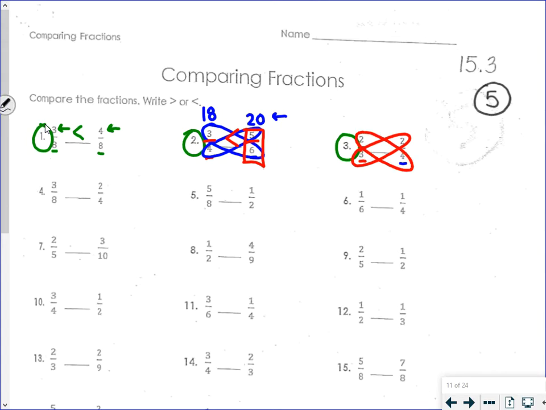So 3 times 2. That gives us 6. So I'm going to write that above the 2 because that's the numerator we used, okay? 4 times 2 gives us 8. Okay, I'm going to write that above this 2 because that's the 2 we used. Okay, so I know that 8 is greater than 6.